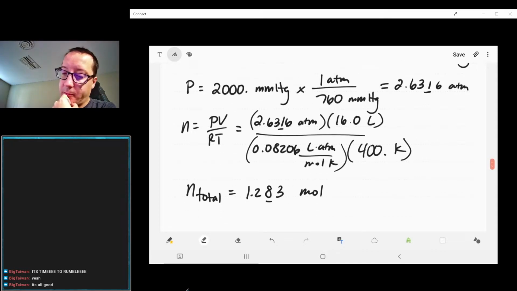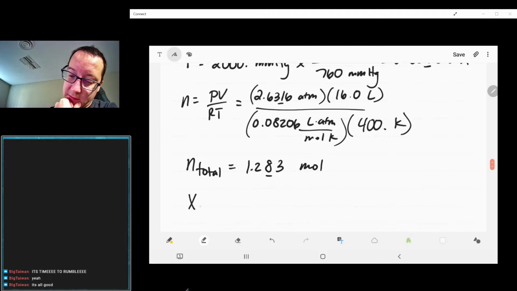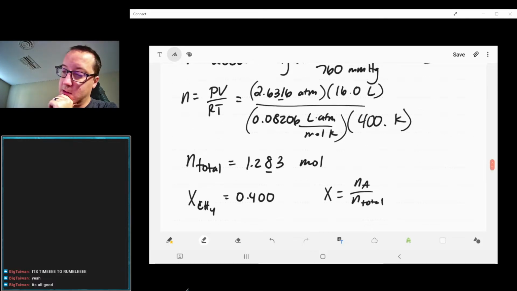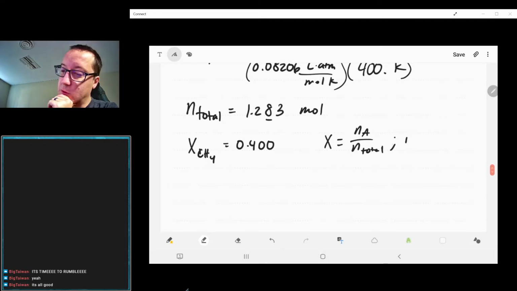And so now we know, for example, the X for methane was 0.4. And remember that X is equal to individual moles over the total moles, right? So that means the individual moles of A, whatever we're looking at, is X of A times n total.